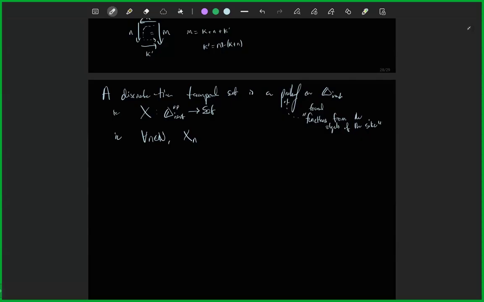That's validated by the Yoneda lemma, right? Where any element of the value of a pre-sheaf at a certain object is given by an actual morphism of pre-sheaves from the representable in the site. So it's very reasonable to think of this as a function.